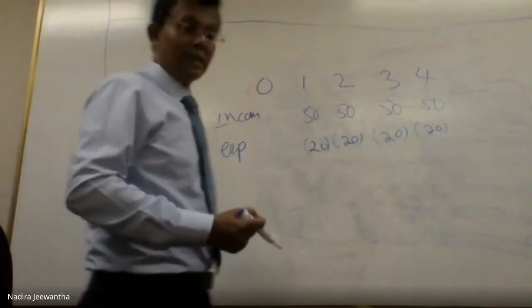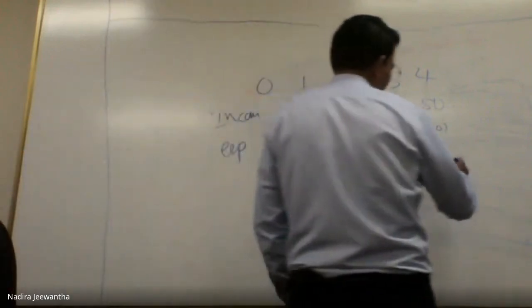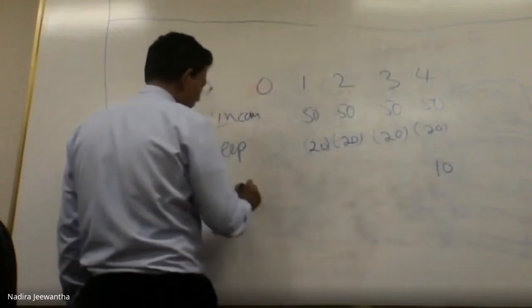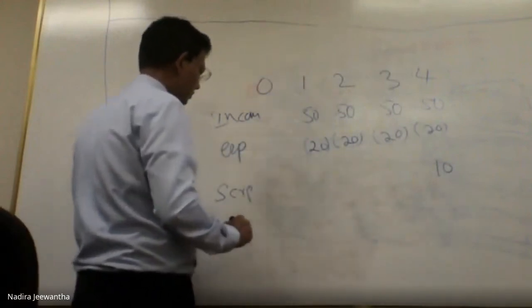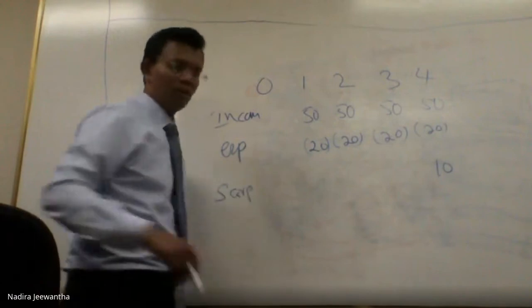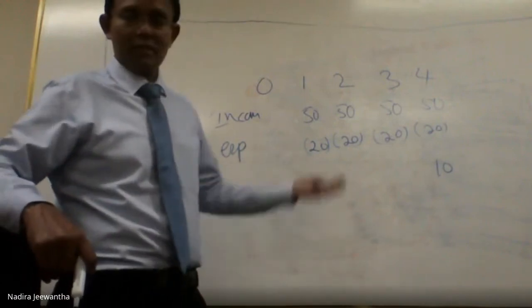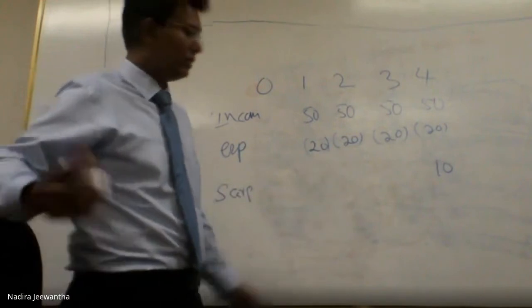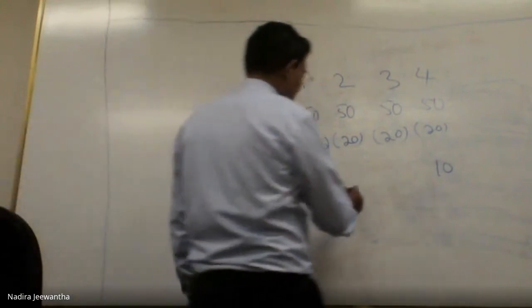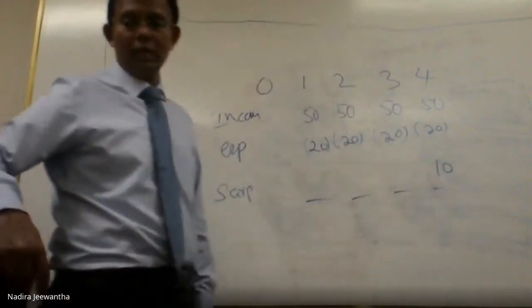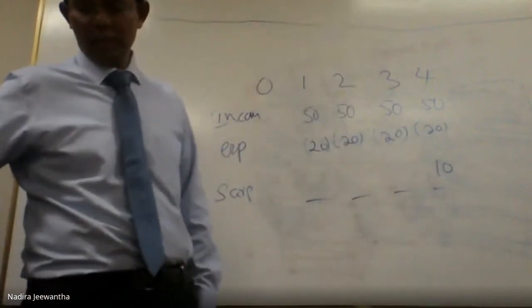We call it scrap value, say 10. These are the cash inflows. Outflow is the purchasing of a machine.